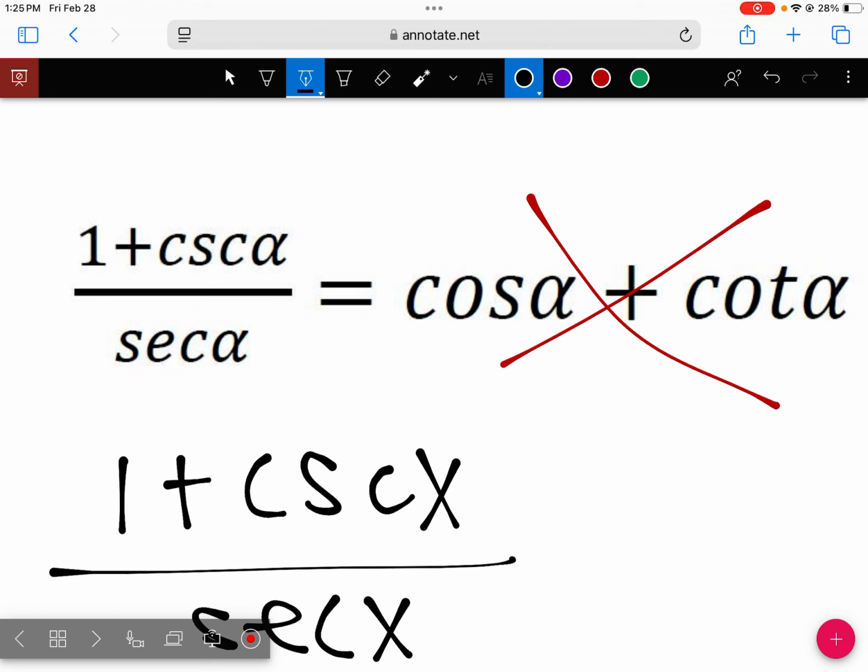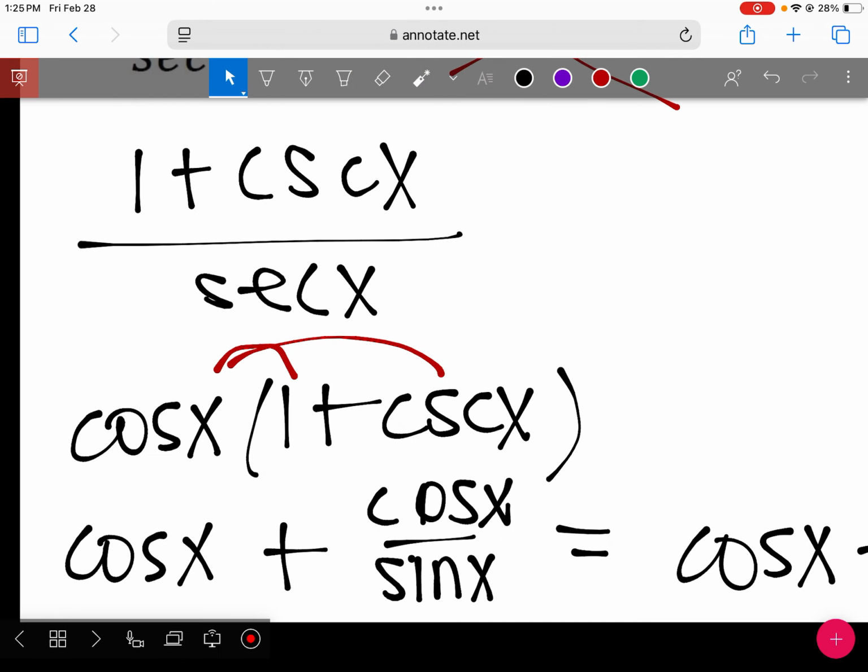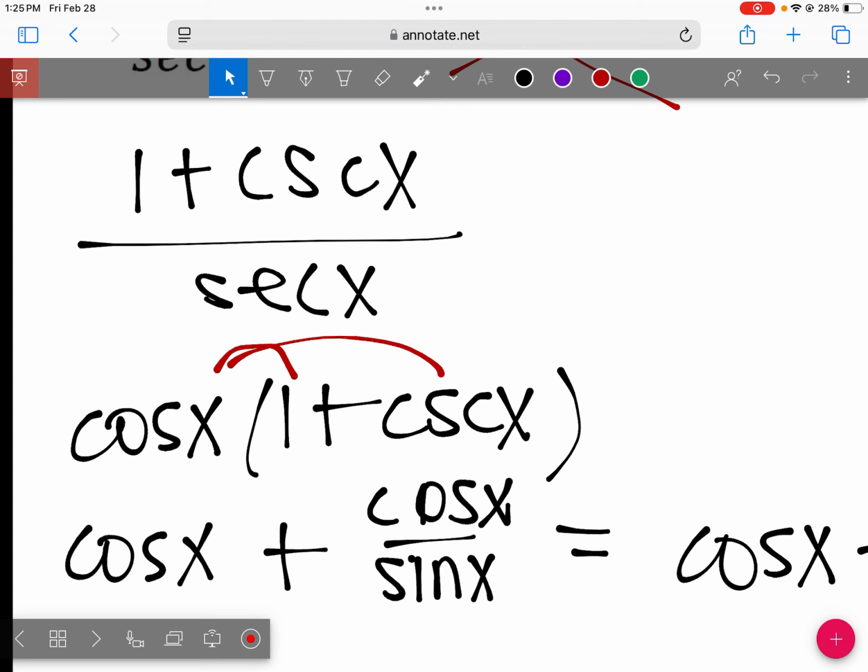So again, if the secant's in the bottom, if I pull it up to the top, what is it? A cos. When I pull that up and it's a cosine, cosine times 1 is cosine. Cosine times cosecant, I don't know what that is, but cosecant is also 1 over sine.